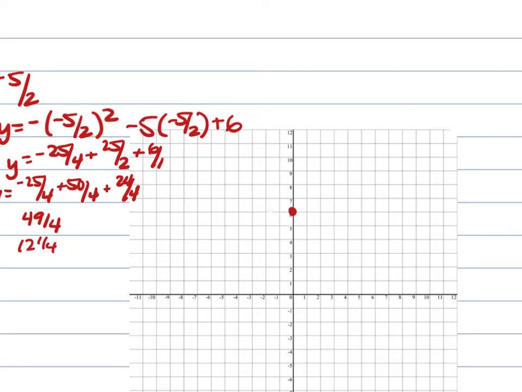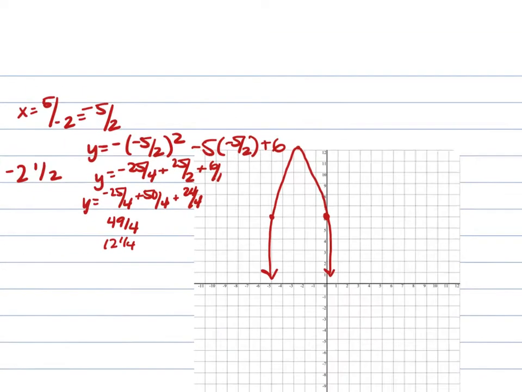Alright, so negative 2 1/2, 12 1/4 is here. So we're going over half, 1, 2.5. So we're going to go to the left 2.5 and go down to 6 and plot that point. So we have these 3 points. We can actually draw our parabola through those 3 points and have a pretty good idea of what this looks like.